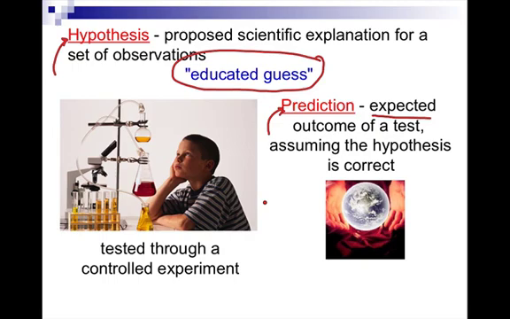Now, all of these types of activities are tested through what's called a controlled experiment. And in the notes that you're going to be taking for section 1-2, we will talk more about what constitutes or makes up a controlled experiment. And that is very, very important.